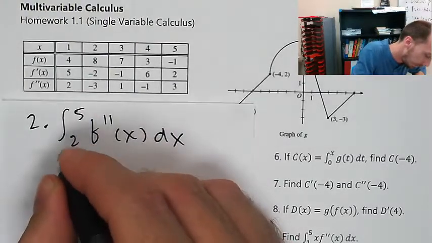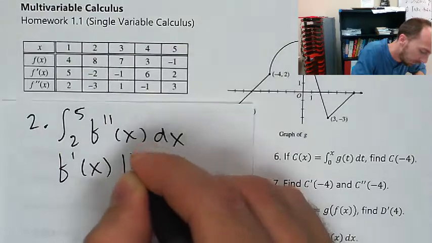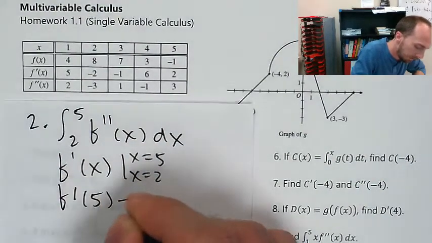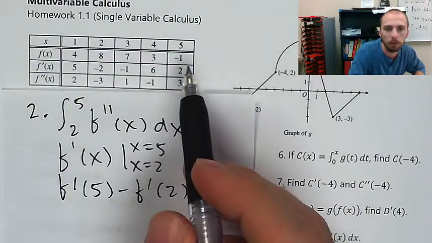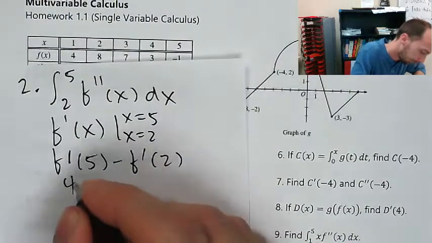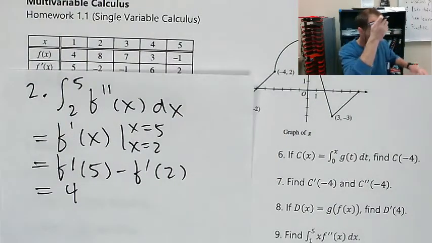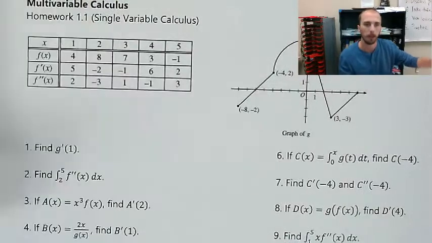So that would be f prime of x as x goes from 2 to 5. So that would be f prime of 5 minus f prime of 2, and that's going to be 2 minus negative 2, which is 4. That's just an old-fashioned fundamental theorem of calculus type problem along with the table. Okay, we can do that.